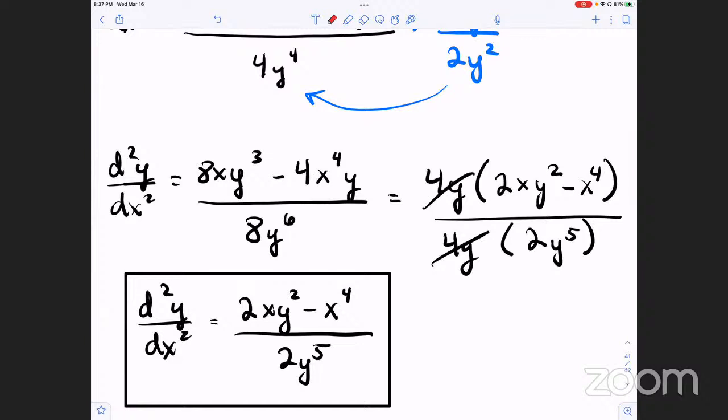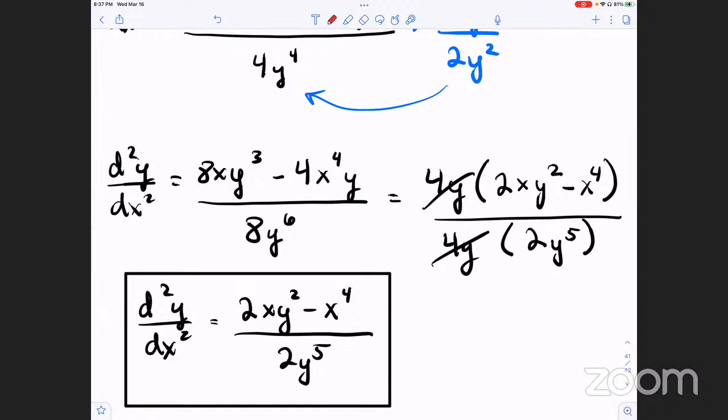2x squared, 2xy squared. Let me go check Pearson one more time. That's how these things can be. If you divide by 4, 2x, what do we divide by? We divide by 4y. Factor out the 4y from all the terms.